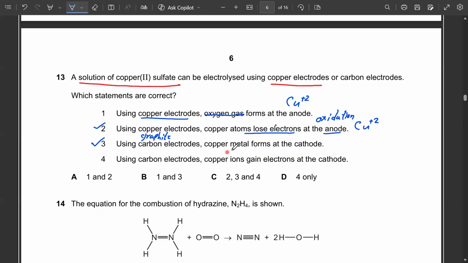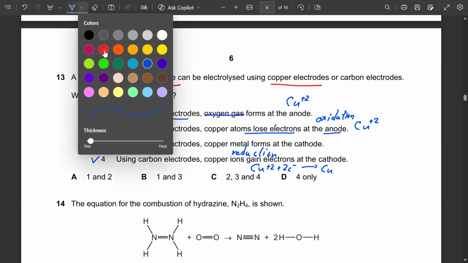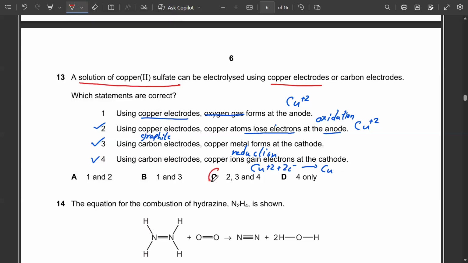So yes, that's the same thing. Reduction means gain of electrons. So copper ions, Cu2+, gain electrons and convert into copper metal at the cathode. So this statement is also correct. So statements two, three, and four are correct, which means option C is the correct option.